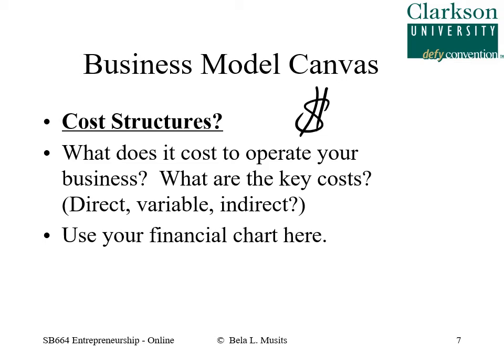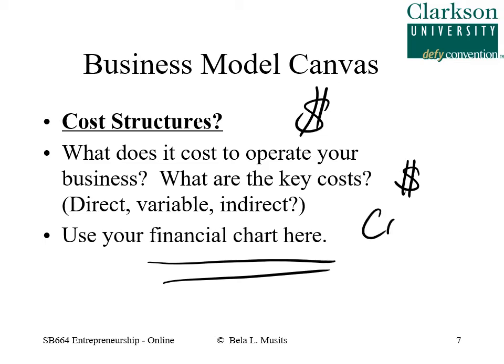So speaking of cost, here we go. What does it cost to operate your new idea? You're going to set up a new kiosk of some sort that's selling something. Well, what do those things cost? So here you're going to have to do a little bit of financial modeling. So you're going to need a chart or a spreadsheet, whatever you want to call it, or a table that's going to talk about here's the cost for this thing. Here's the capital I have to spend.